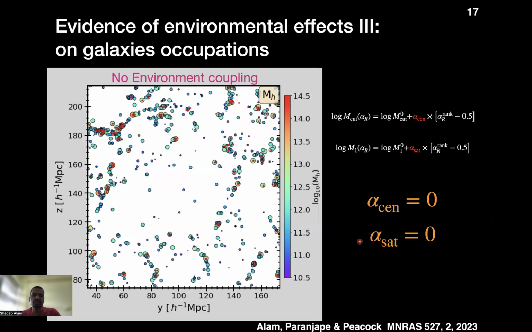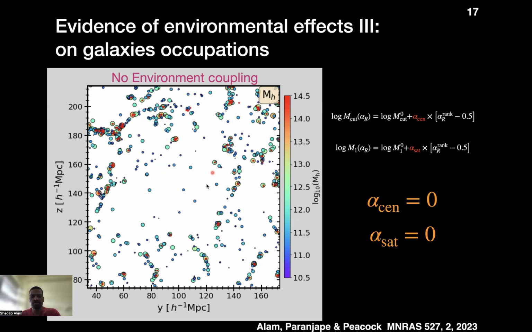Now, let me try to put this in a little bit more visual context so that you can have a bit more connection. This is an example of a simulation where you have galaxies populated, with central galaxies shown as circles, with the color and size indicated by halo mass, and satellite galaxies shown as stars. And here we used a model which matches gamma, but doesn't have any environmental dependence.